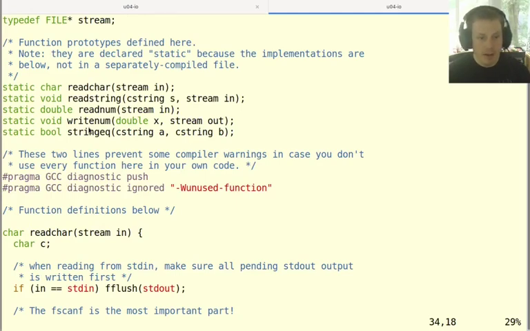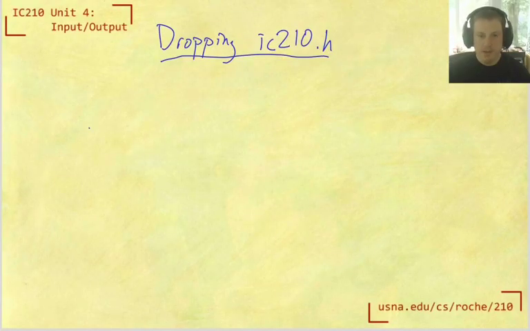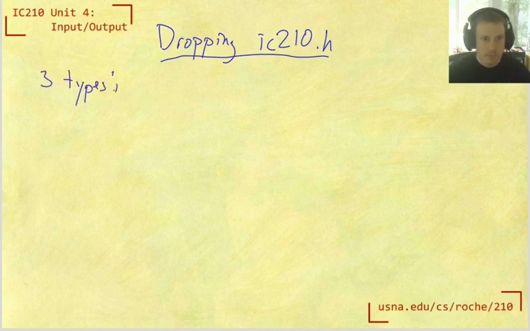So really what ic210.h gives us is 3 types. And the types that it gives us here, I'll type them, are stream, string, and bool.